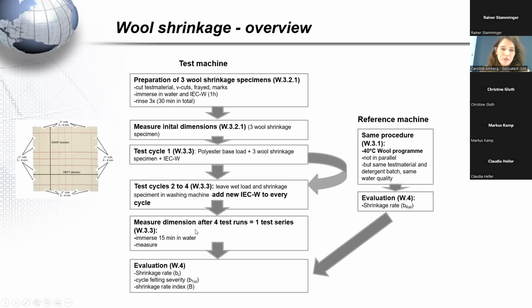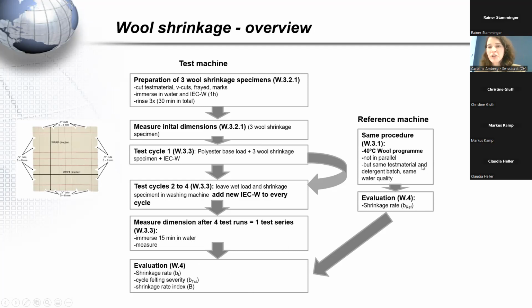Afterwards you take them out. You have to immerse these wool shrinkage specimens in water again, then measure them, and afterwards the evaluation is done by putting the values, for example, in the evaluation sheet for the round robin.